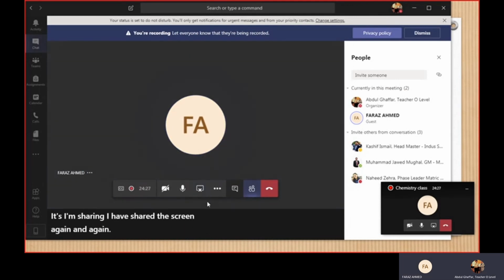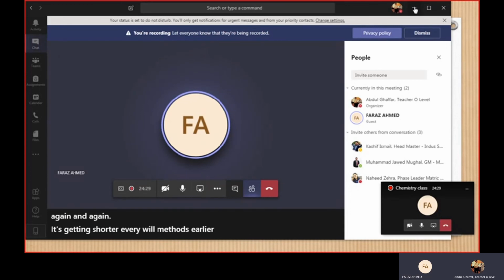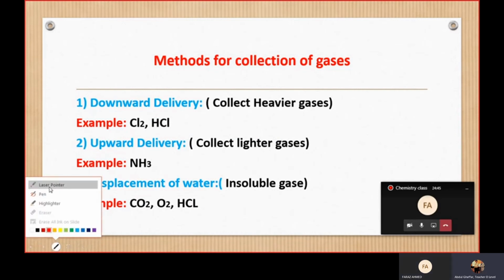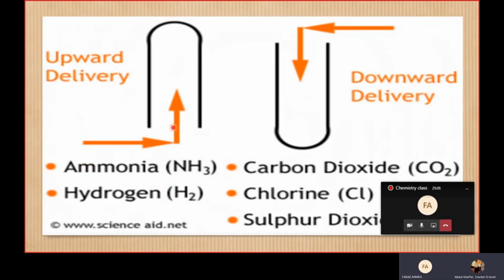The screen is showing now, the methods one is coming. Yes, this one, it will take some time because of the net issue. Which screen is visible now, Faraz? General, sir. Methods for collection of gases. Okay, yes, this slide we have discussed. Now another slide.